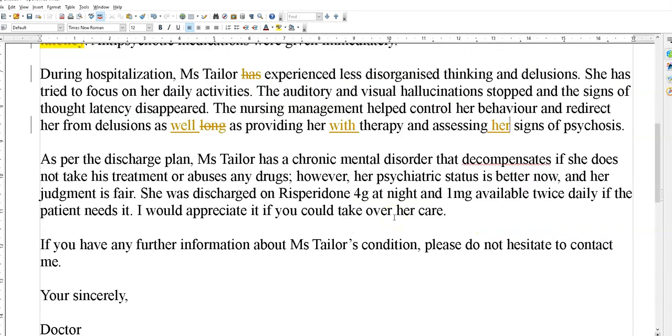It's post-discharge plan, current mental disorder. How is that per the discharge plan? So you say she's got a chronic mental disorder that decompensates if she doesn't take her treatment or abuses any drugs.